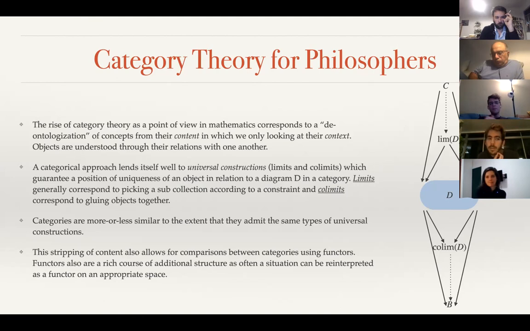And the amount of these universal constructions that exist often characterizes what space you're working in. For example, you could say I'm working in such and such space because I'm able to take certain products or certain quotients of things. That all has to do with the existence of these universal constructions, which are cones over diagrams.